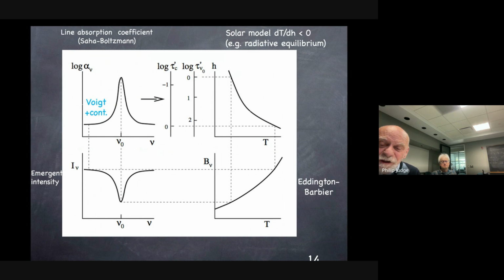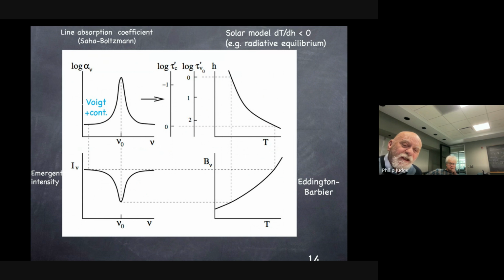All that Rob has done here is to flip those, because going to a higher height corresponds to a higher value of the absorption coefficient. So it looks a little confusing, but this is a solar thing with temperature reducing as a function of height. It's just plotted orthogonally to that. Okay.